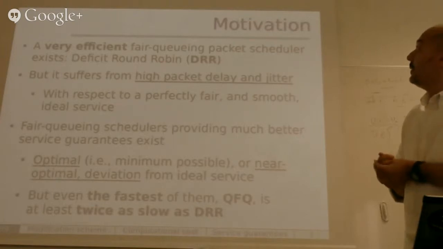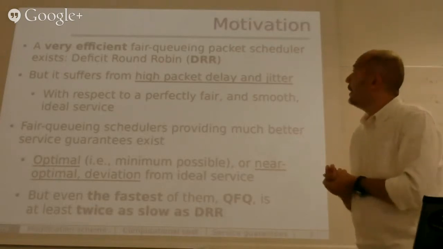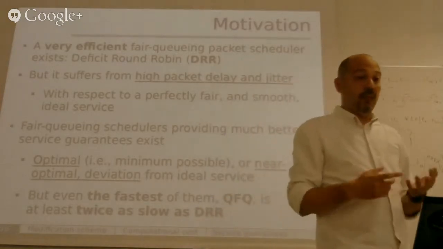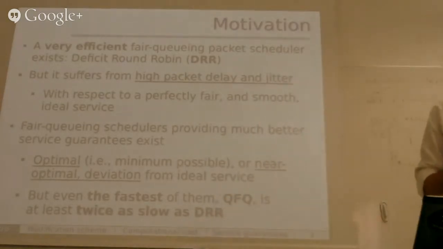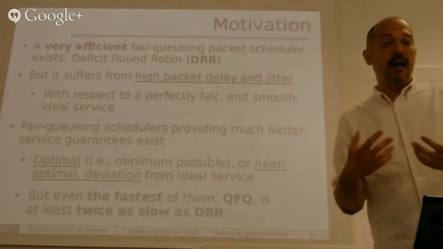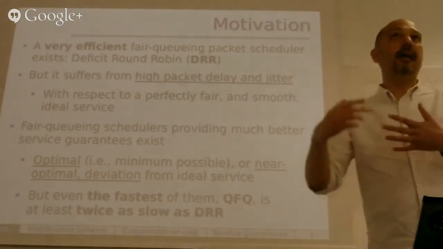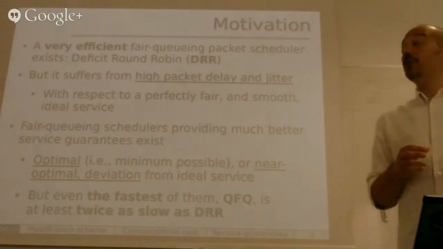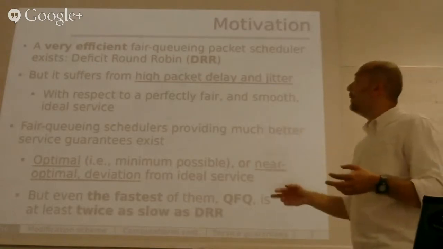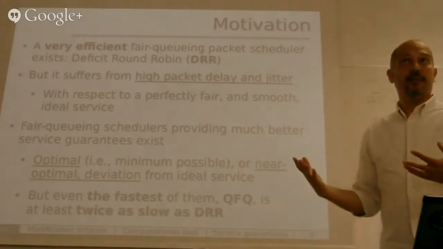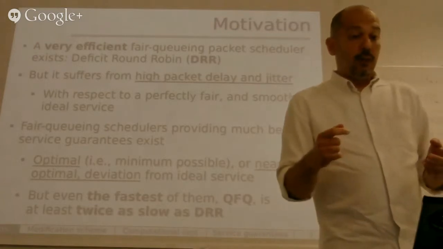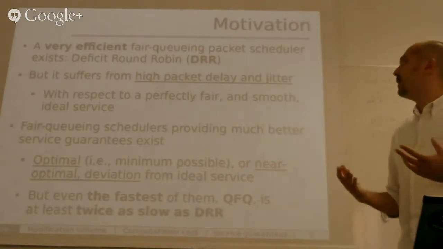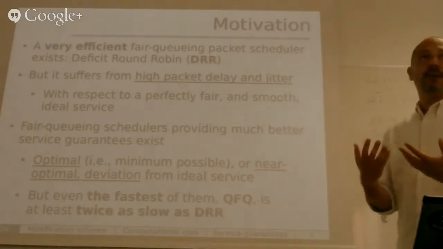Okay, so why did I do this? There are very efficient fair queuing schedulers. One of them is deficit round robin. They have a very low computational cost, but they suffer from a high packet delay and a high jitter. Delay with respect to what? With respect to a perfectly fair and smooth service. On the other side, there are schedulers which are much more accurate.